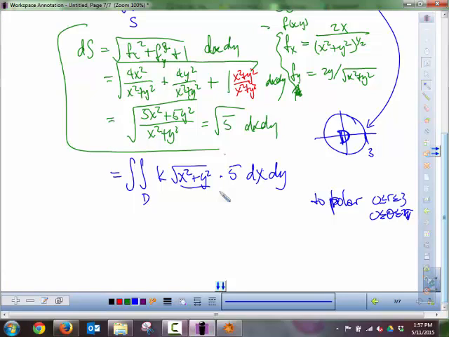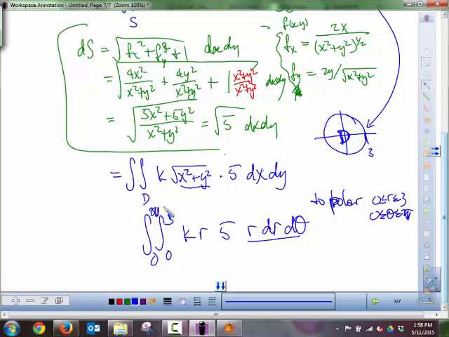So you can finish this. It just goes from 0 to 3 of k, r, square root of 5, and then the r dr d theta, because I forgot the r.